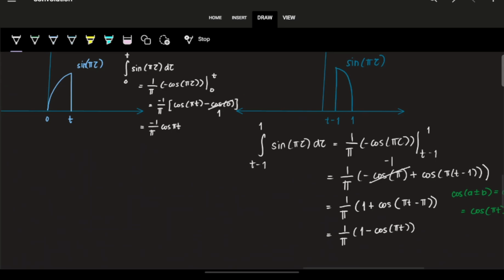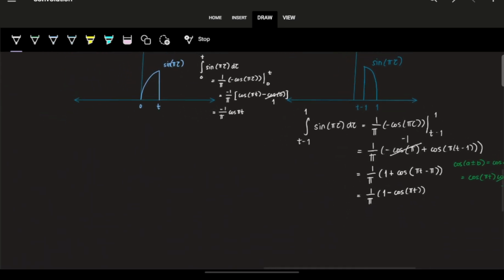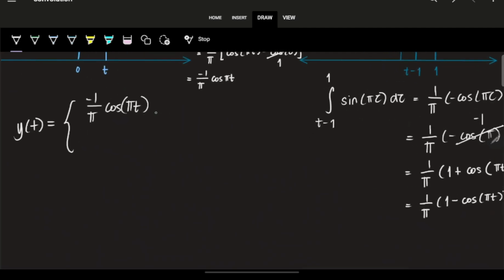So let's plot the signal. So we have y of t equal to, first condition, negative 1 over pi cosine pi t, when t is between 0 and 1.